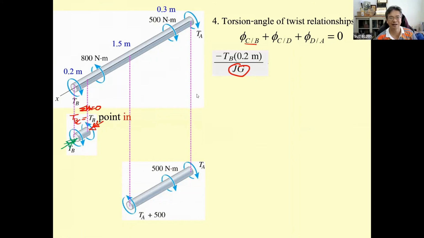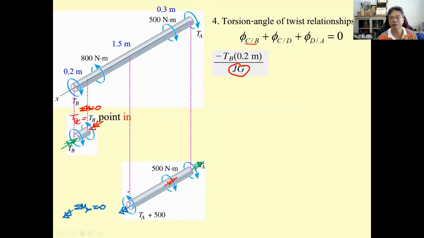Okay, and the third one, what we have is this one is going to be T sub A. And the 500 we also have in this direction is pointing out. So for this portion, we can determine this one, summation of M sub X equal to 0.